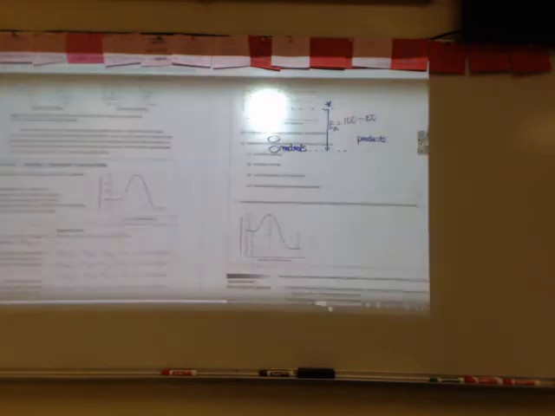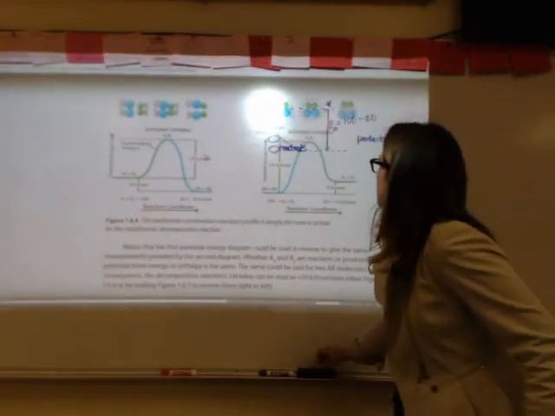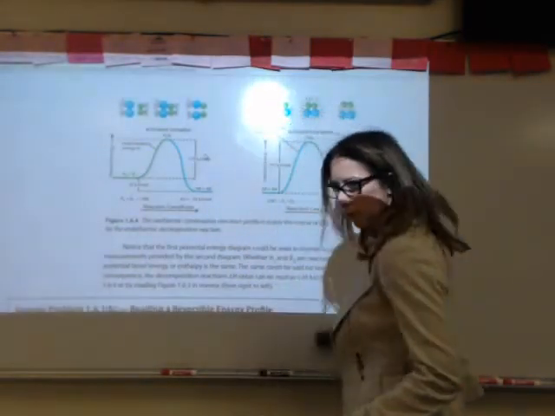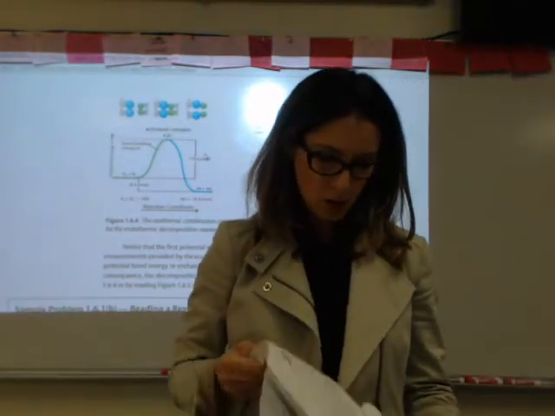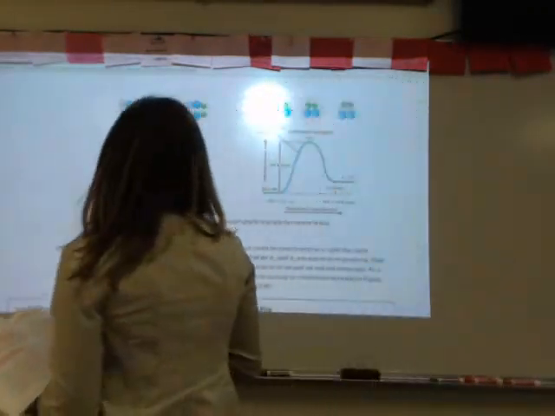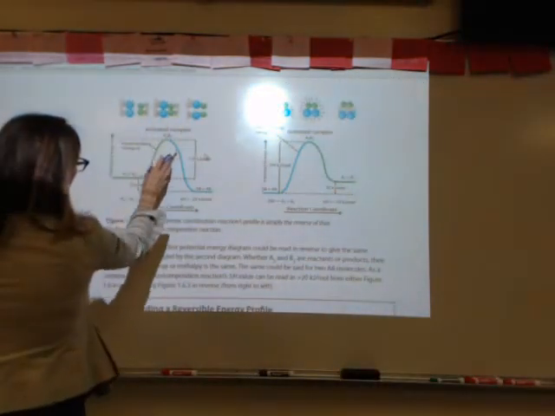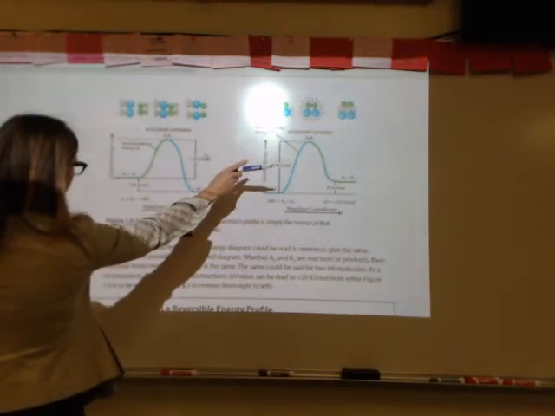Okay? So if we take a look at the next page, here, you'll notice that we have, on the left, this is an exothermic process in the forward direction, moving from left to right. Okay?